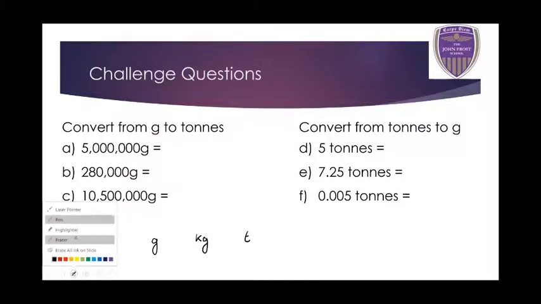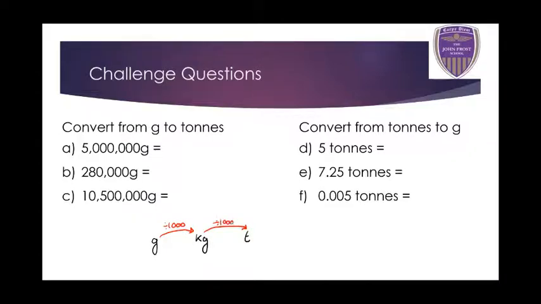So you knew how to go from grams to kilos. You just divided by 1,000. And then to get from kilos to tons, you just divide that by 1,000 again. So if you divided your answer by 1,000 first, and then divided it by 1,000 again, you can change from grams to tons. But some of you might have realized it's very similar to last lesson.